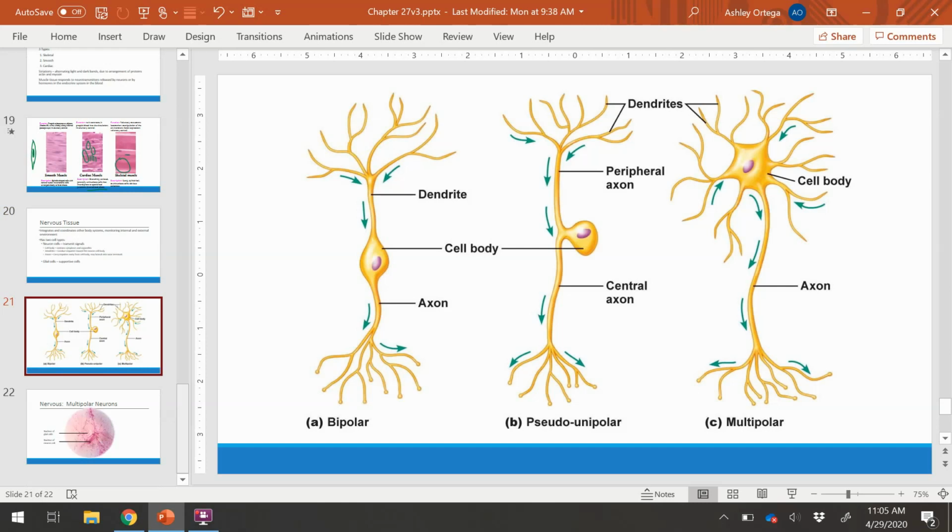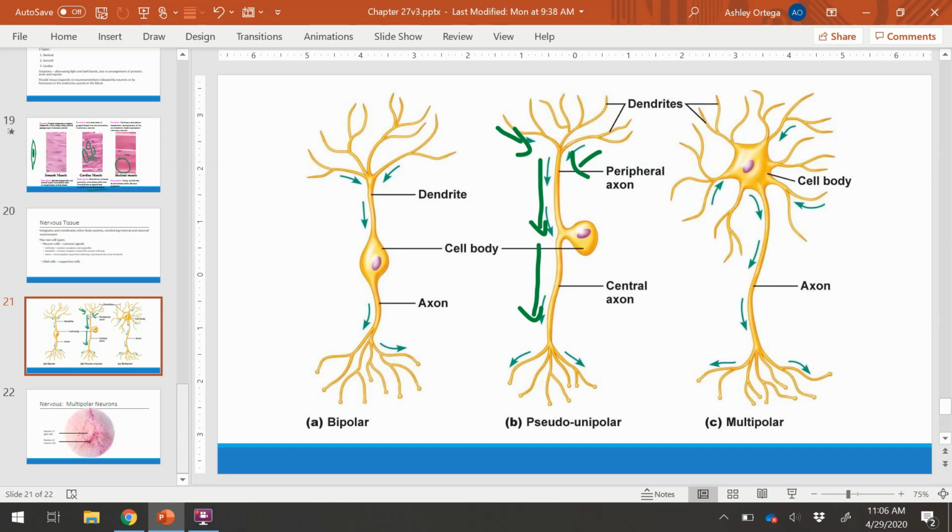It's a false one-direction travel, in that the dendrites receive the signal here, then it goes down to the cell body off to the side, where it gets that signal, sends out the new signal, and goes to the axon. So overall, there's one direction happening there, but it's not a true unipolar neuron.